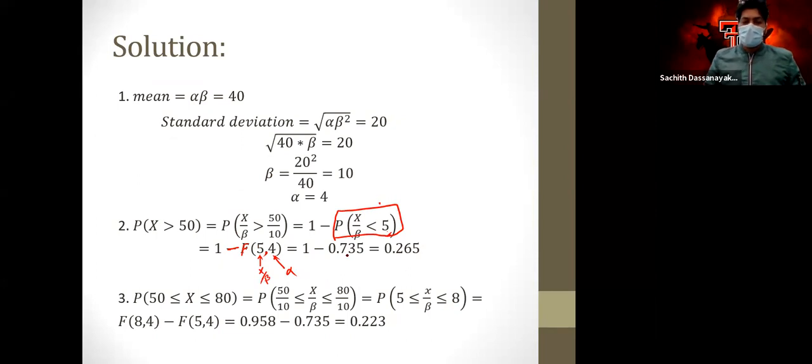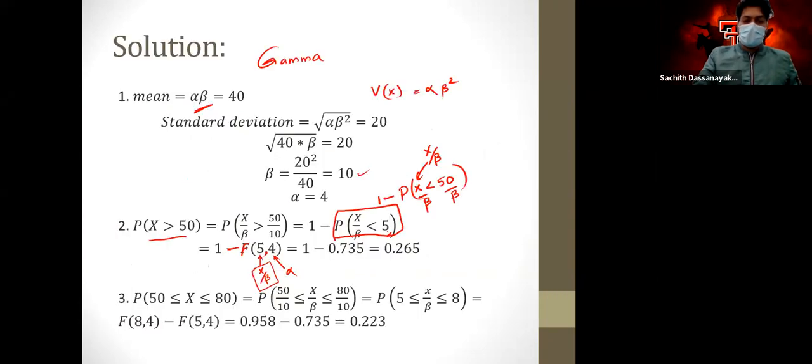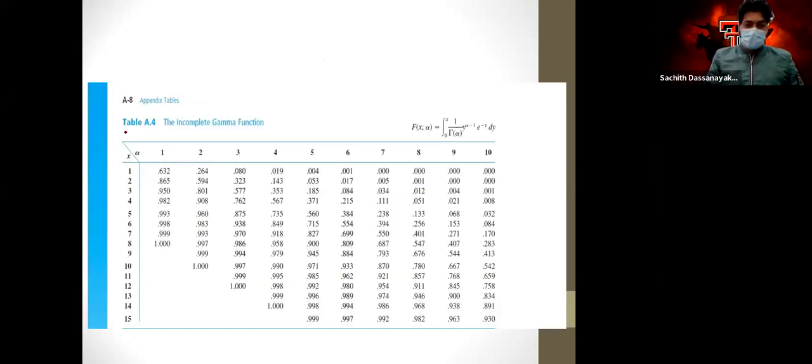Once you go to the table, you will see the x values and alpha values. I have the table here. Here x over beta is 5 and alpha is 4. So you find the x value from the first column, which is 5, and alpha, which is 4. You go along this axis, and this is your value.